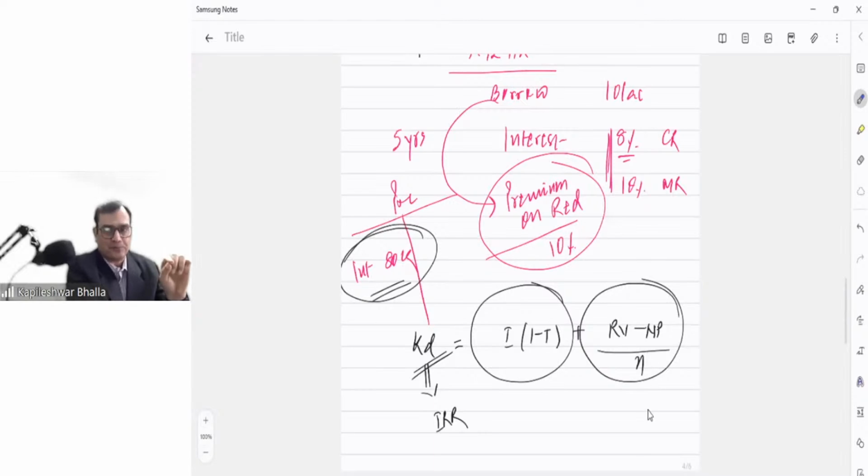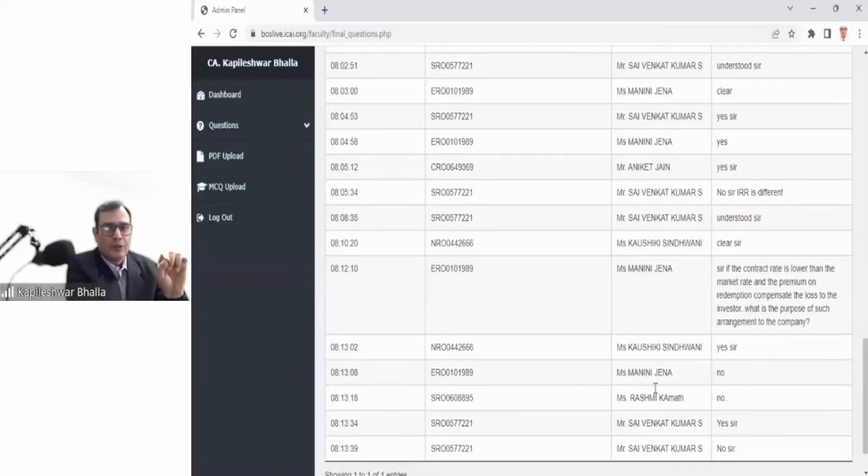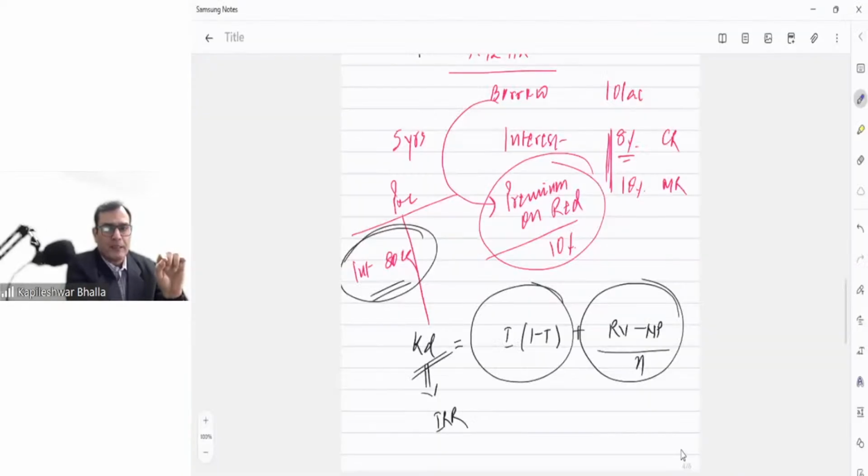Say yes or no. By entering into a manipulative deal, you were able to reduce the finance cost by 20,000 every year in the P&L, because the rate of interest contracted is the basis of accounting. If you pay 10%, you record 10% in the P&L. If you pay 8%, you record 8% in the P&L.